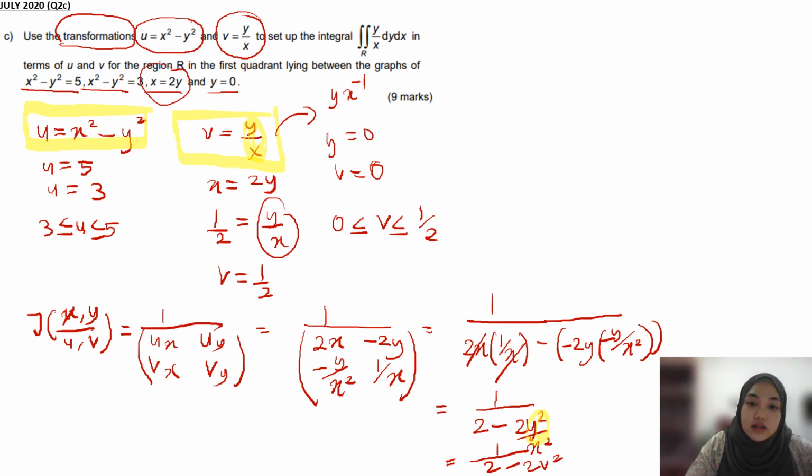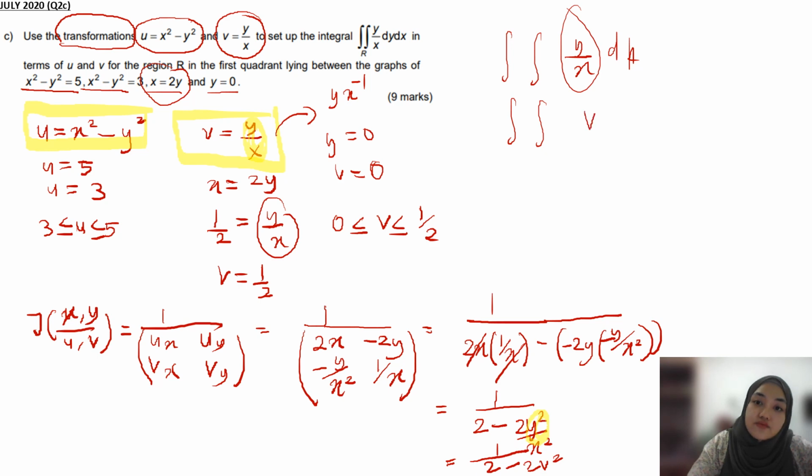We can substitute into this integral. So our y over x dA, we can rewrite y over x equals v. So v du dv. Don't forget our Jacobian.